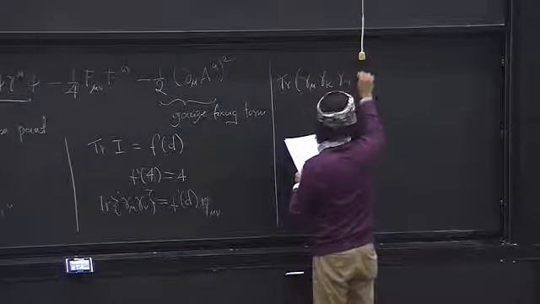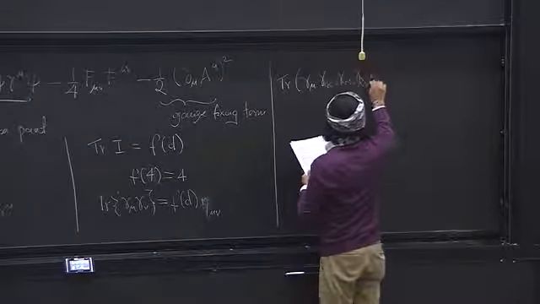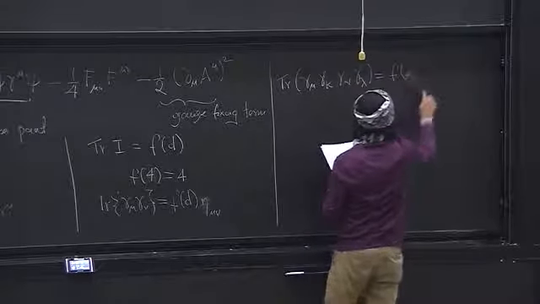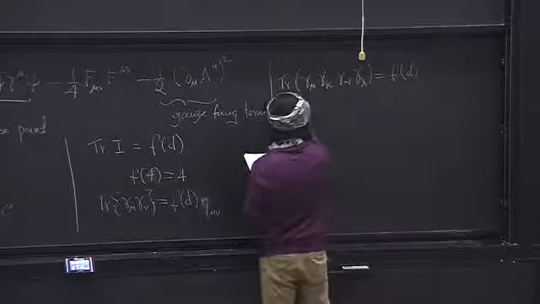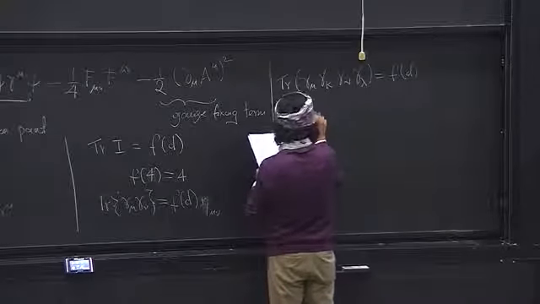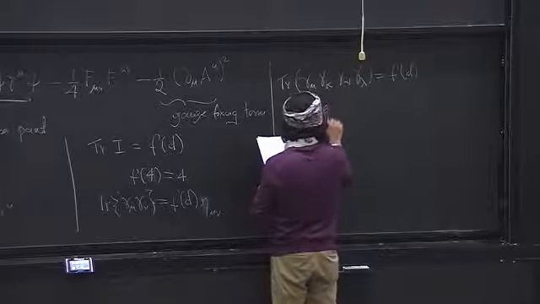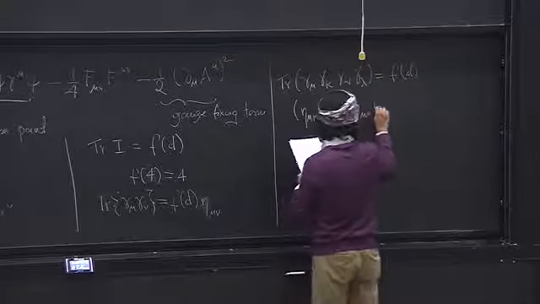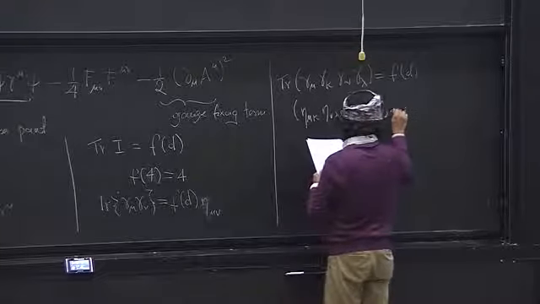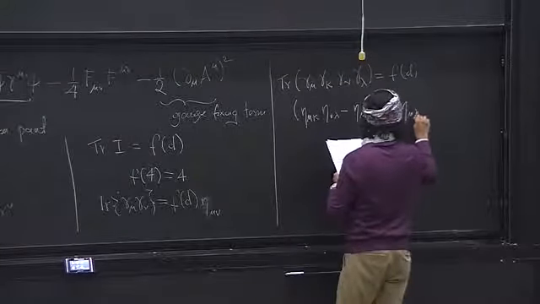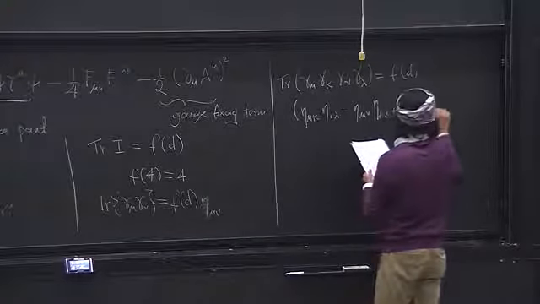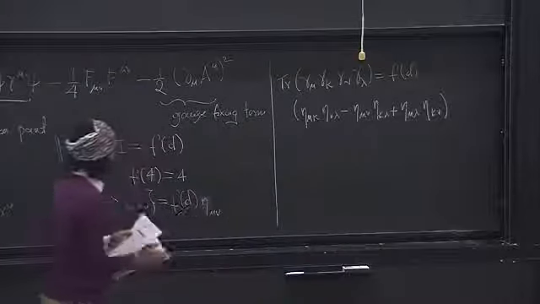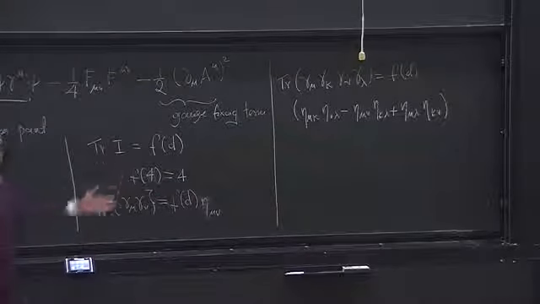The generalization is obvious, but let's just write it down anyway. So previously there was a 4 here, but now there's an f of d times the usual stuff. Okay, so today's lecture will be a little technical, but that's the nature of the game.